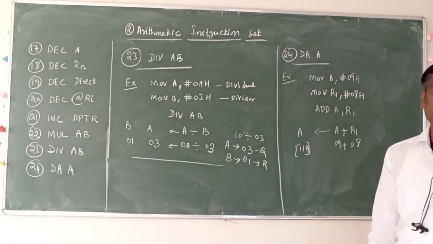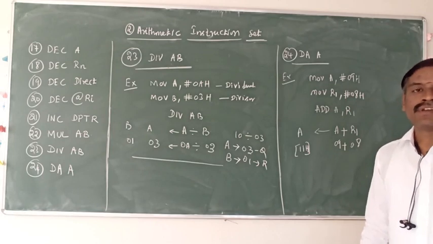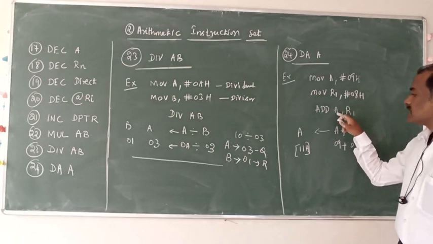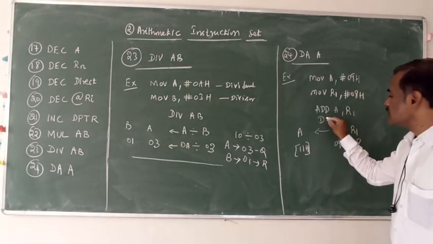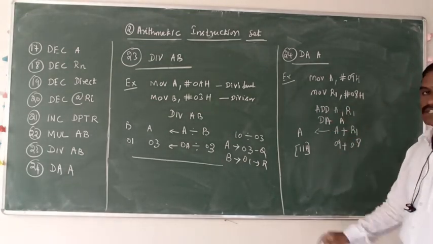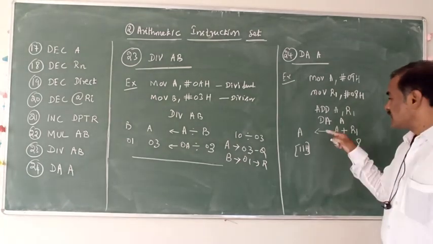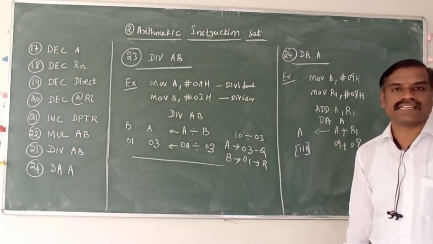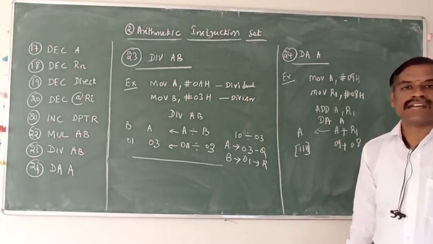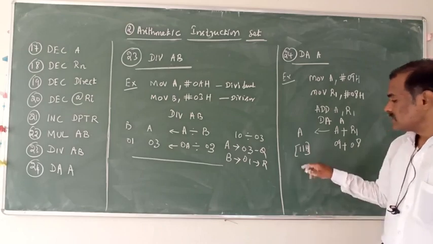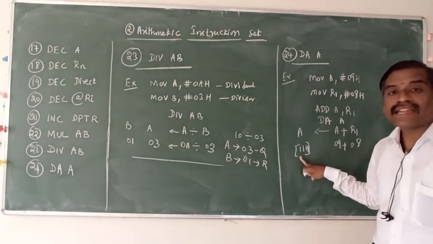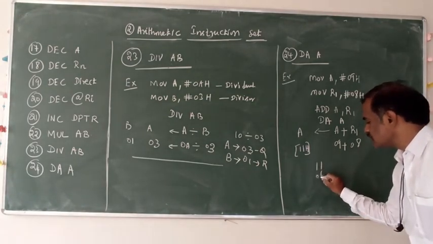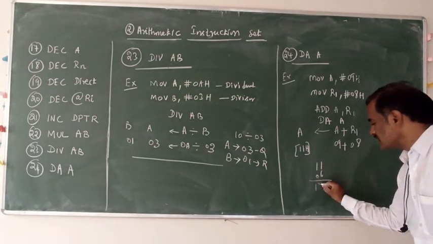This is the hexadecimal value. If you want the result in decimal format, after ADD A, Rn, we have to give the DAA instruction. DAA means it will adjust the accumulator content to decimal. Now for the given data, it will add 06. 11 by default it will add 06, giving 17.